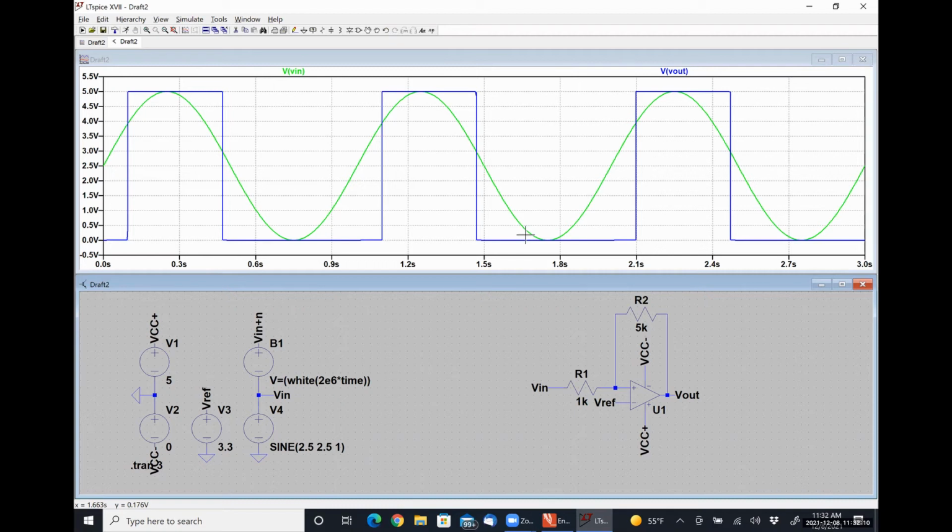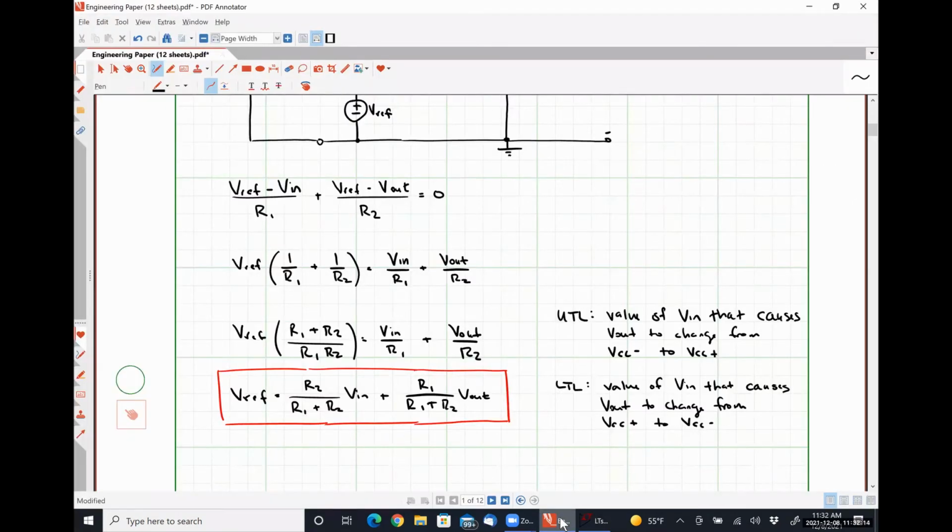So that's what this mathematical equation is telling us how to solve for, the upper trigger limit and the lower trigger limit. So we need to solve for Vn for a known value of V reference for a particular value of V out, because we know that it's going to change from one state to the next state, okay? So these look like voltage division, but we're not doing voltage division.